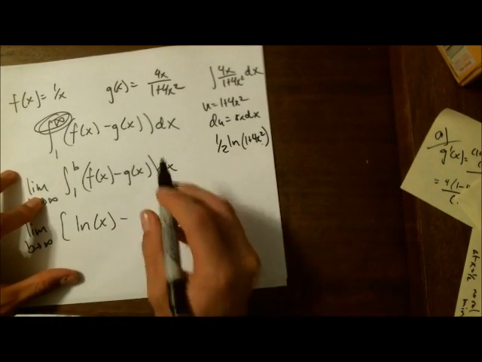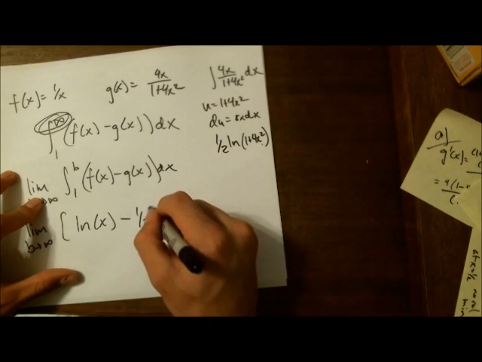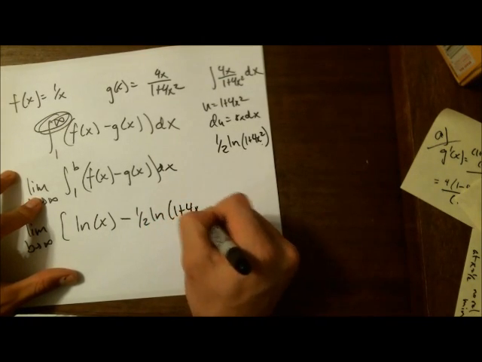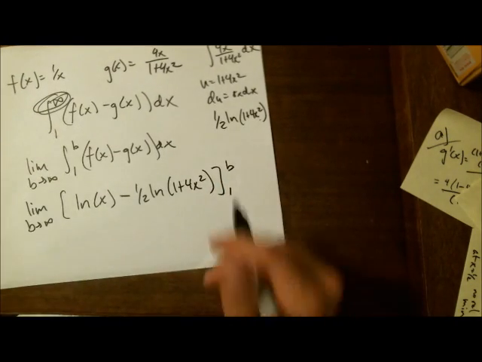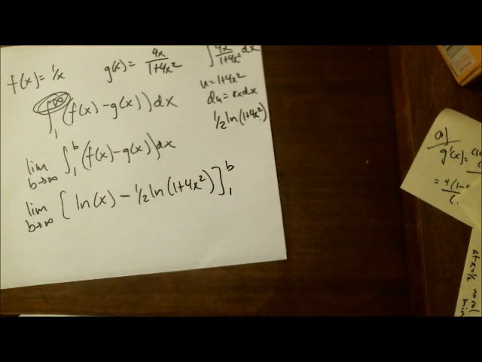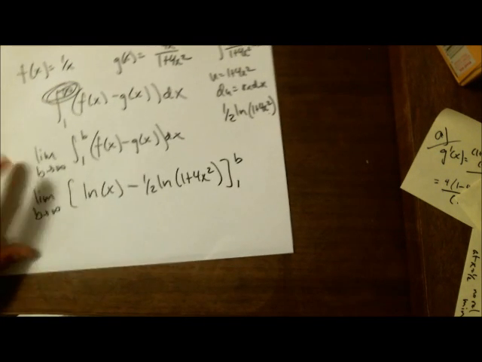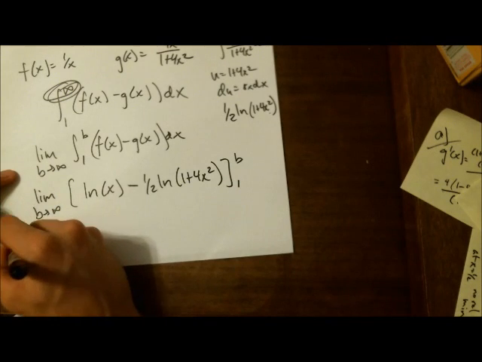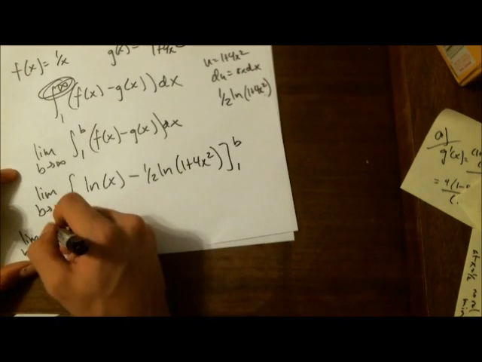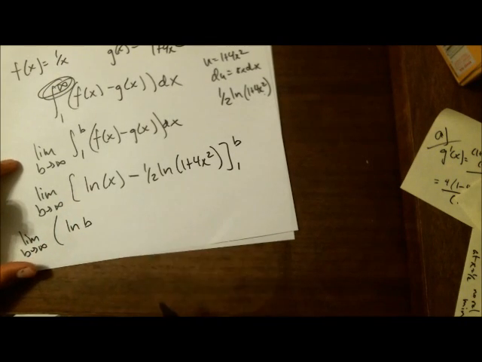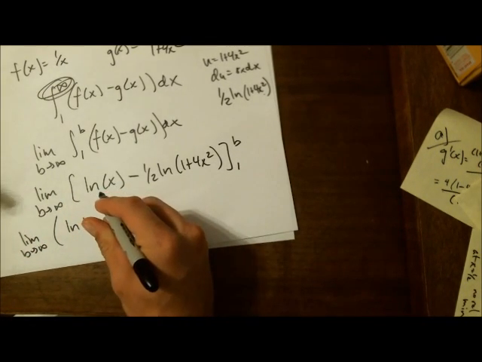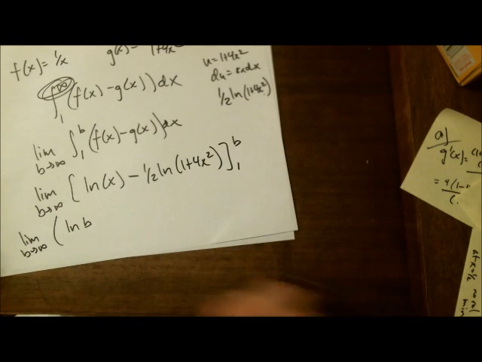Once we have that, we can plug in our bounds using the fundamental theorem of calculus, and then we can calculate our limit. So we have the natural log of b minus the natural log of 1 for f of x, which works out nicely because the natural log of 1 is 0.